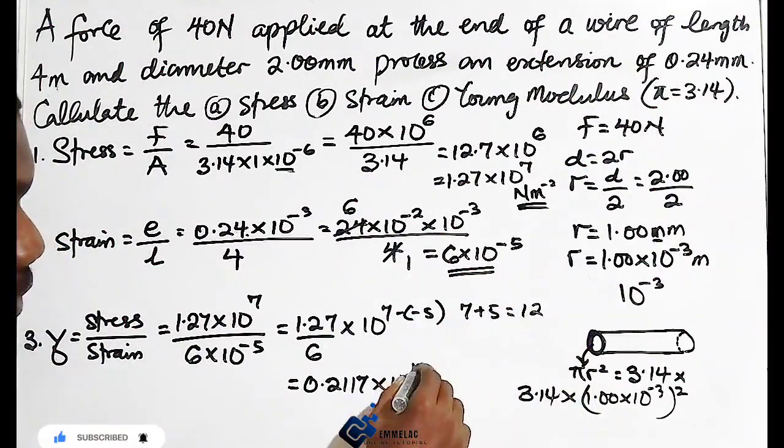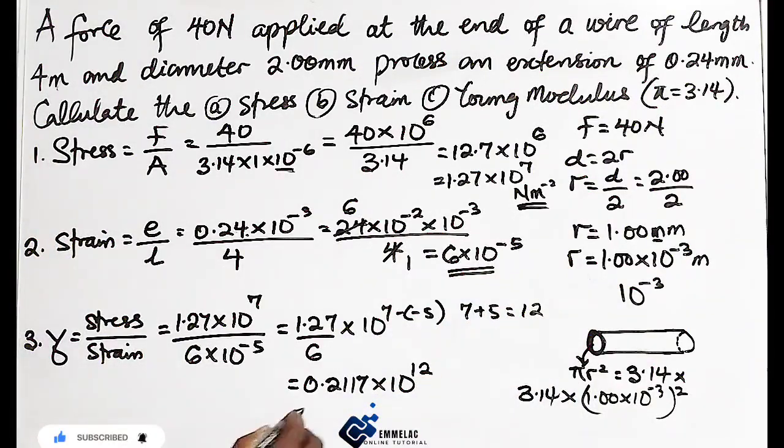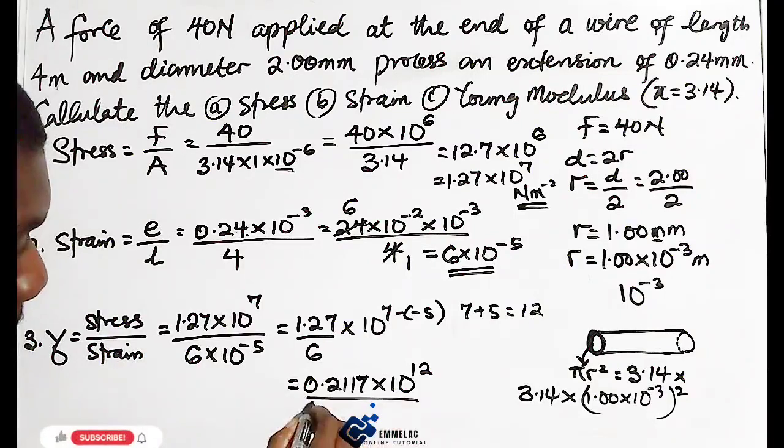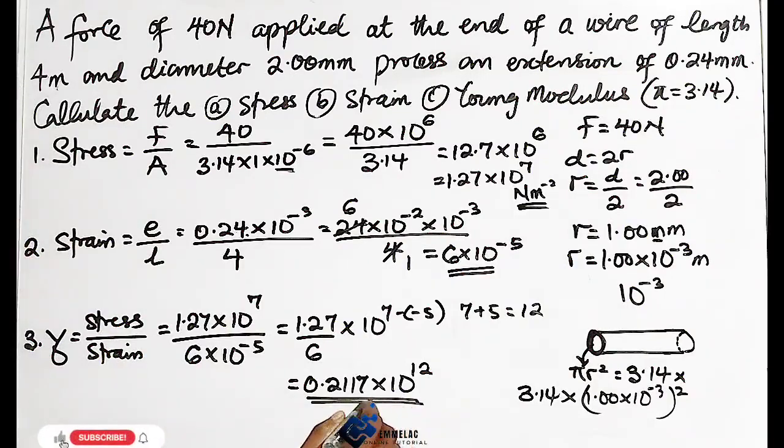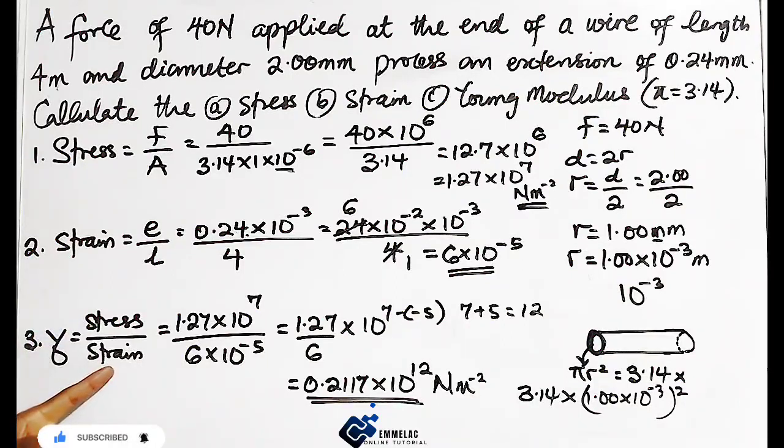Okay, now the final answer will be in Newton per meter square, and it takes the unit of stress because strain doesn't have a unit. All right, so this is our final answer, and this is the solution to the problem.